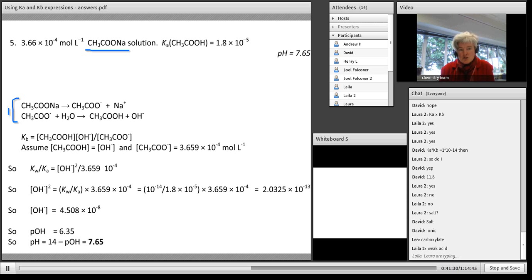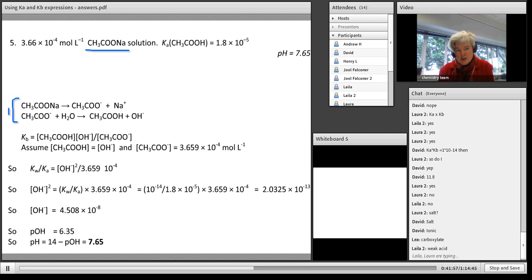So our first one is my salt being soluble, and if you know your solubility rules, you should know that all ethanoate salts are soluble. So that will completely dissolve into ethanoate ions and sodium ions. And my ethanoate being from a weak acid will undergo hydrolysis.